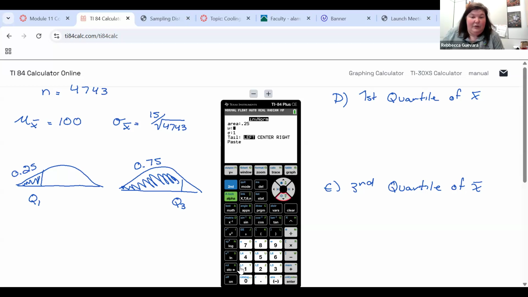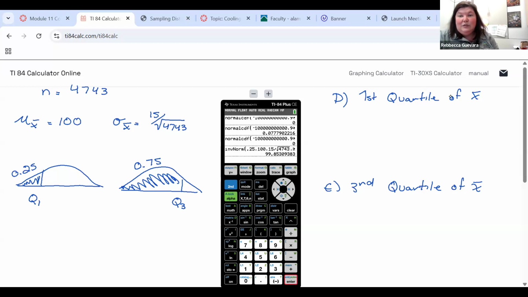Your mean for IQs is 100. And the standard deviation is 15 divided by the square root of 4,743, because we're doing a sample size of 4,743. And like I said, we're just doing the area to the left. For your first quartile, it should be 99.85.